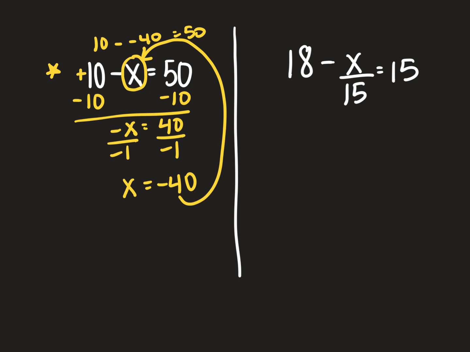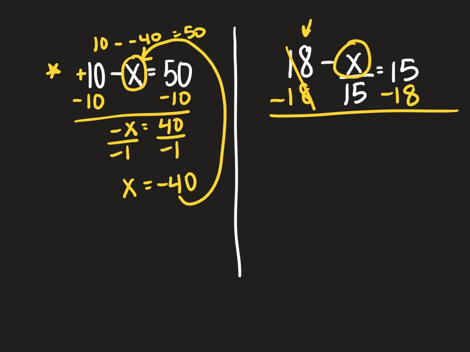On this last problem, again, in order to isolate the x, I'm going to usually add or subtract a constant. In this case, the constant is 18, and so to get rid of it, I subtracted. 18 minus 18 is 0, and 15 minus 18 is negative 3. What I'm left with is negative x over 15 is equal to negative 3.